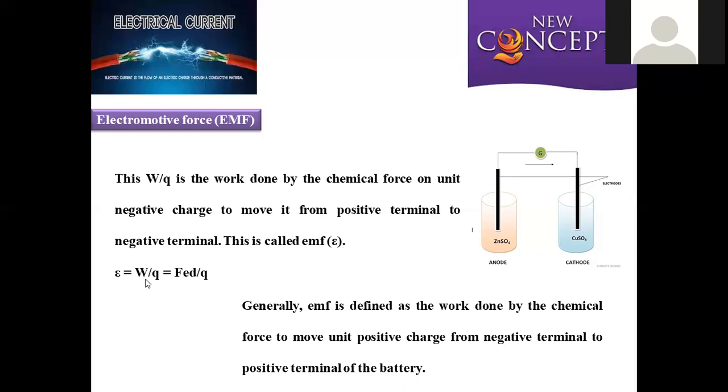Epsilon is equal to W by Q. This is the ratio that is equal to potential difference, which is alternatively given by FE D by Q. FE denotes electrical force and D is the distance traveled by these electrons within the battery between the two terminals, and Q is 1 coulomb of electrical charge. So that is called EMF.